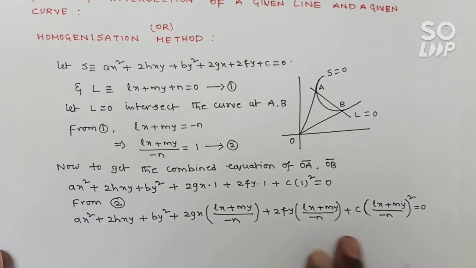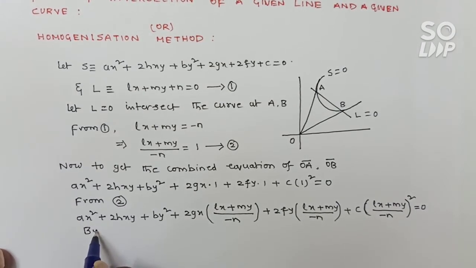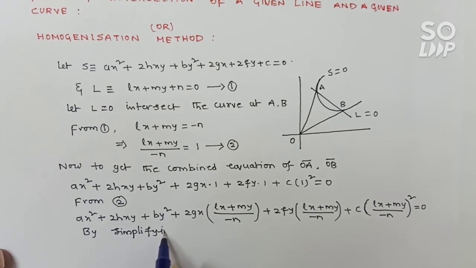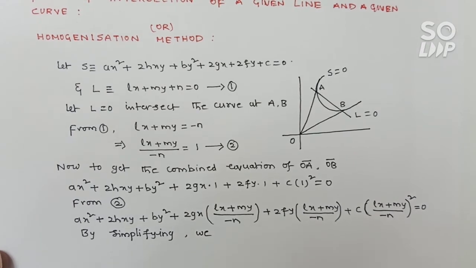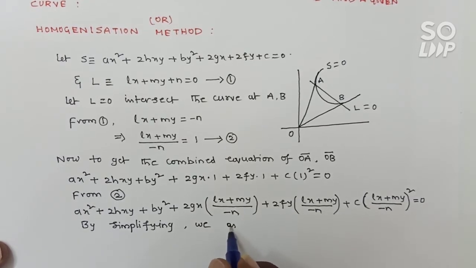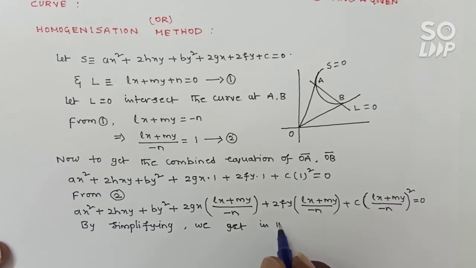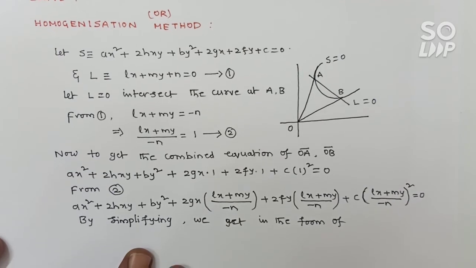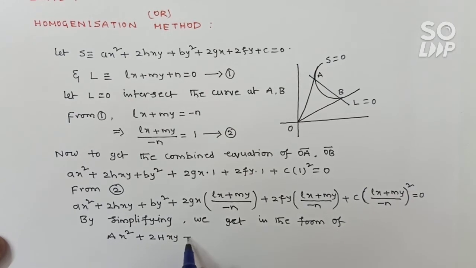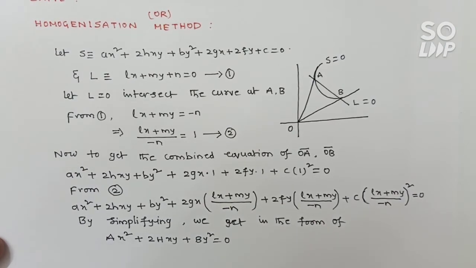By simplifying this equation, we get it in the form of a'x² + 2h'xy + b'y² = 0, writing some different letters for the coefficients. Now see the final result.